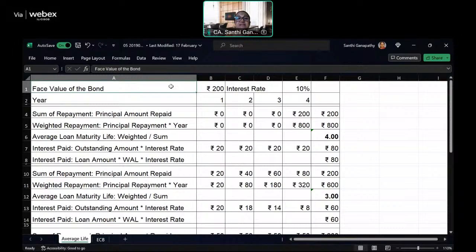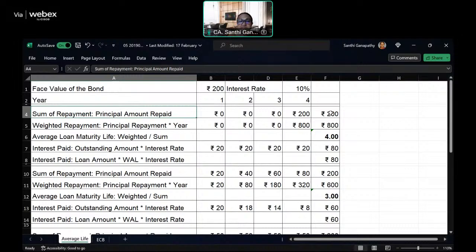Let me say I have a face value of bond to be 200 and interest rate to be 10%. There are 4 years, 1, 2, 3, 4. What is the principal amount repaid? First, I'm looking at a situation where the entire amount is repaid only at the end.